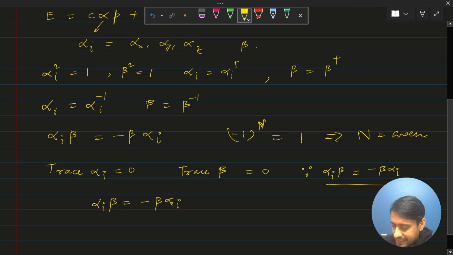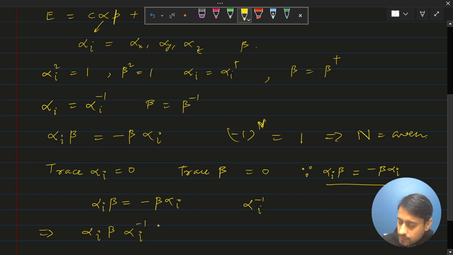If I multiply both hand sides by alpha i inverse, let's see what happens. Alpha i beta alpha i inverse equals minus beta alpha i alpha i inverse.